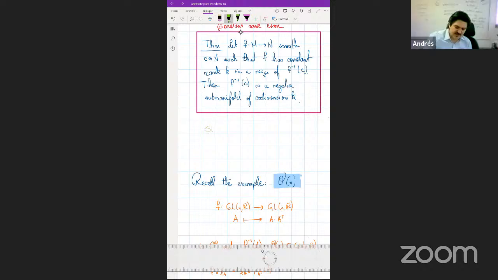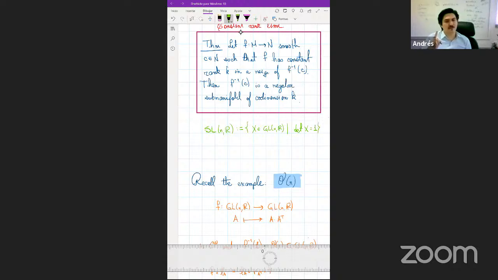The special linear group is all of the non-singular matrices such that the determinant of X equals 1.